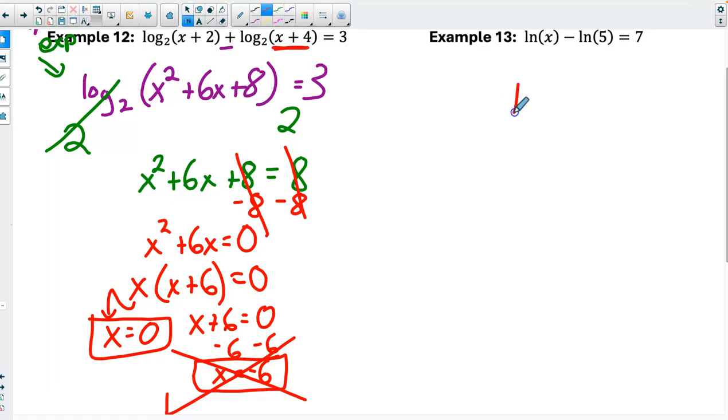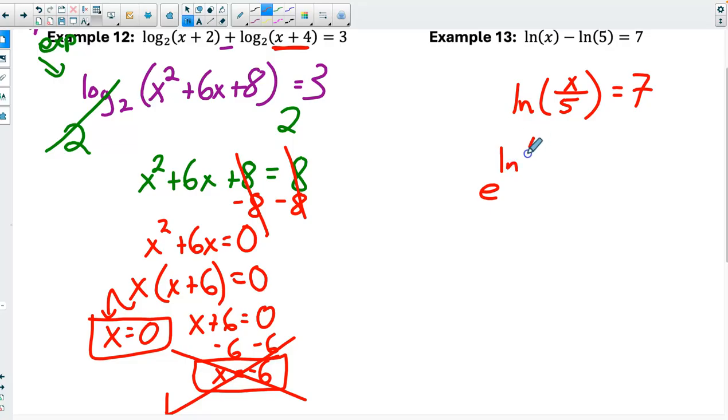So I would write this as ln. Oh, not like that actually. What base is ln? E. So I'm going to make my base e to both sides. When I do that, I'll write this whole thing out this time.